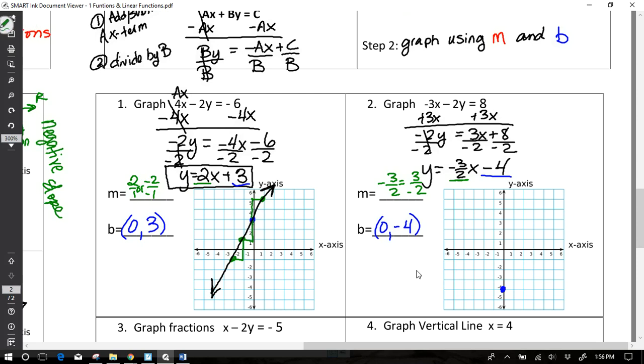And I can't go down 3, so I will need to use the positive 3. Oh, negative 2 should be to the left. So positive 3, left 2. Positive is up 3, left 2. And then you can do it one more time if you want to go all the way to the end. And then we connect all these points with a line. And that is example number 2.